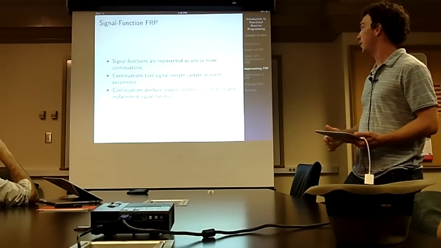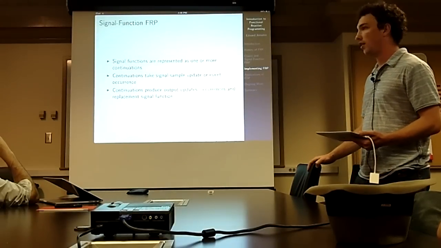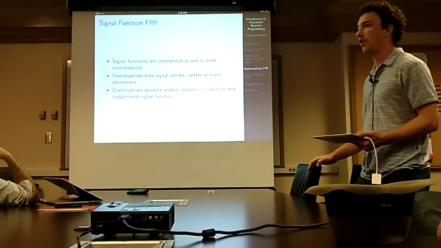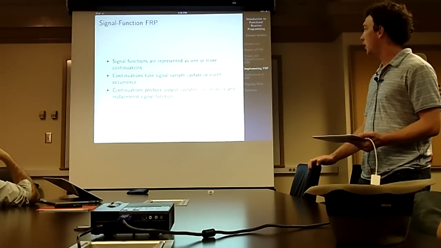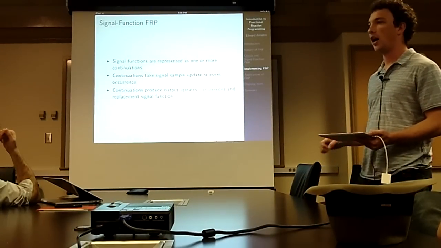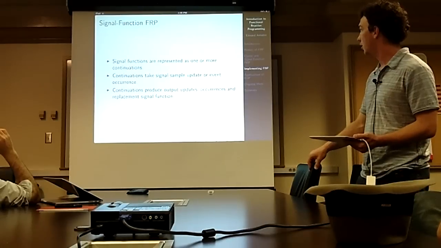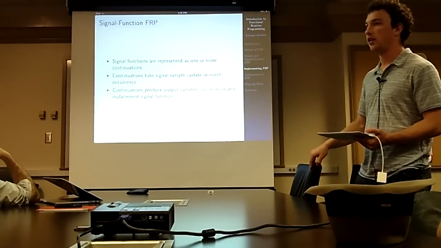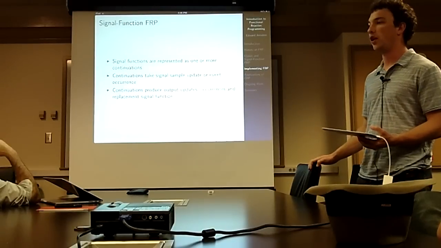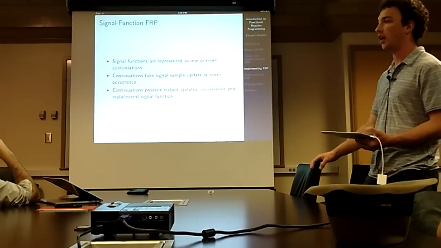In signal function FRP, we represent signal functions as one or more continuations which take in the time and some input and produce, again, an output and a new signal function. In my system, each signal function actually has two continuations. One is for a time and signal update, and the other is for an event update.